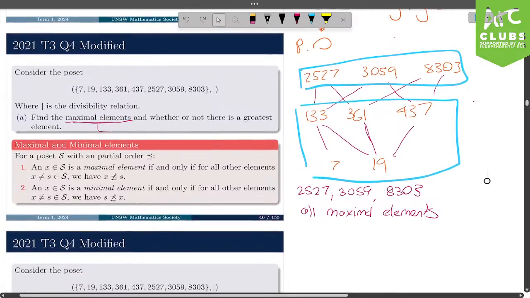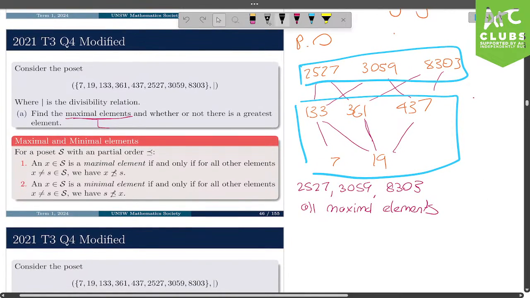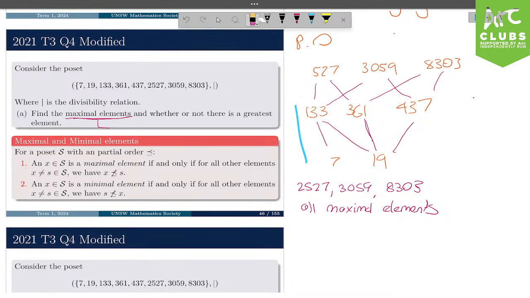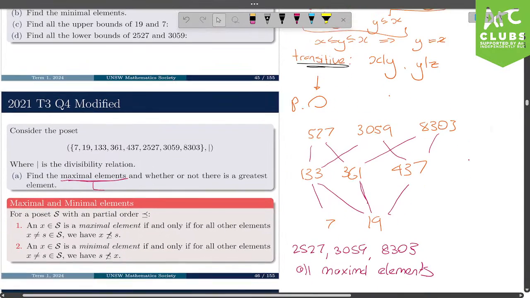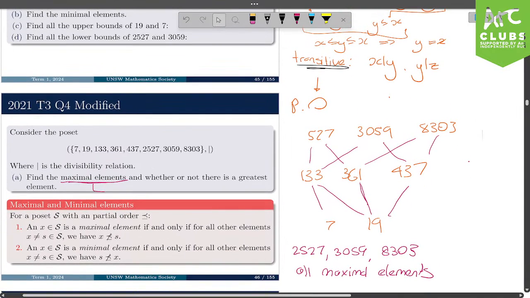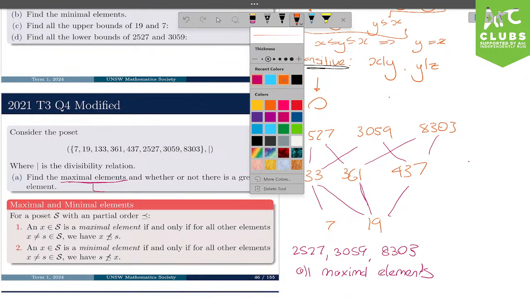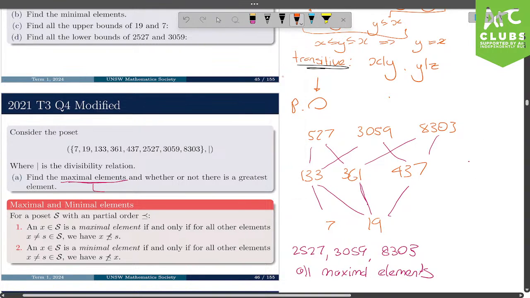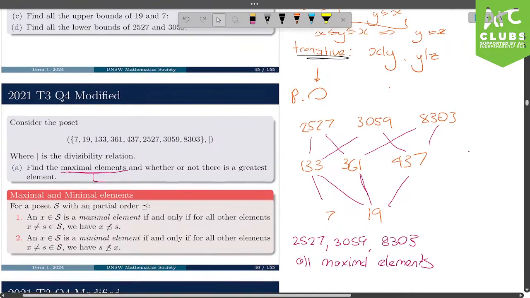So if we look back at our Hasse diagram, we note that none of our maximal elements are greater than another one in terms of being a multiple of another one.